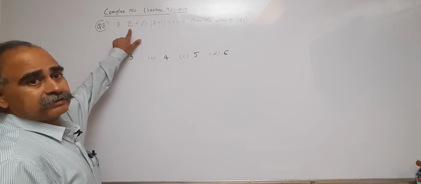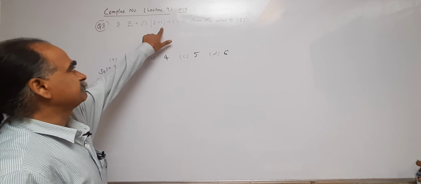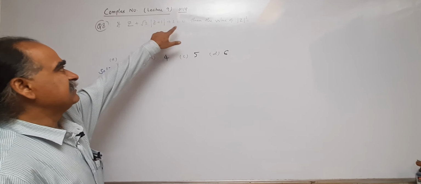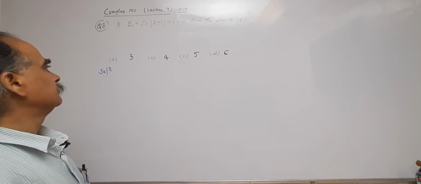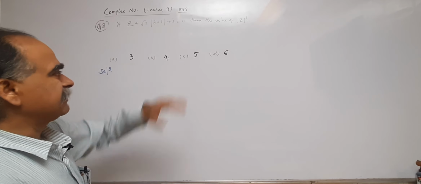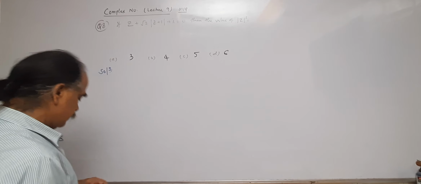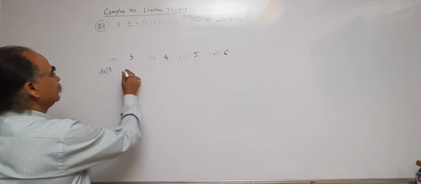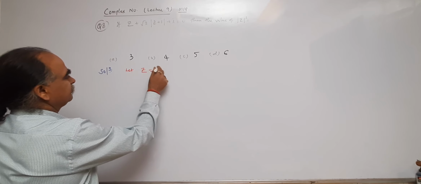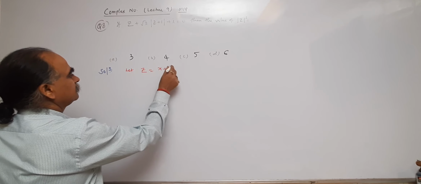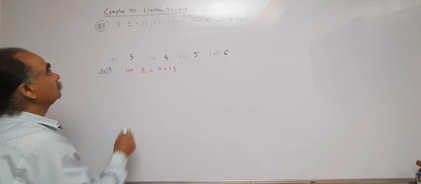If z plus root 2 into mod (z plus 1) plus i is 0, then the value of mod z square is equal to, options are 3, 4, 5, 6. Let z be x plus iy.